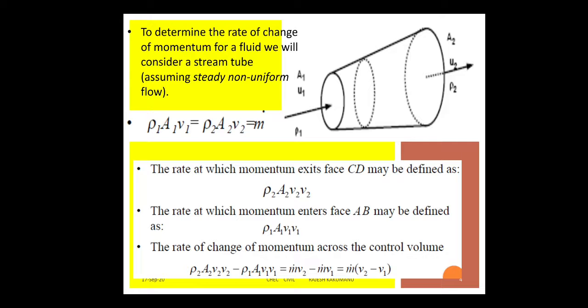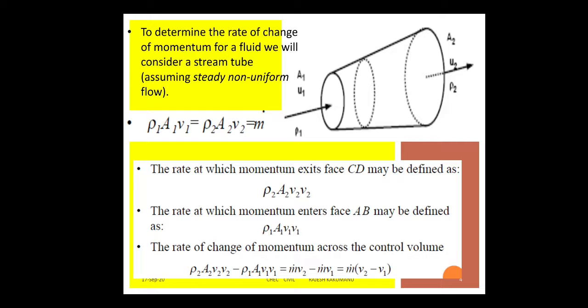Now, to determine the rate of change of momentum for a fluid, we take a streamline tube assuming steady non-uniform flow. See the figure: take a cylindrical pipe which has different diameters at cross section 1 and cross section 2.